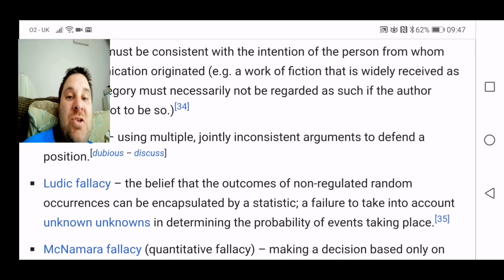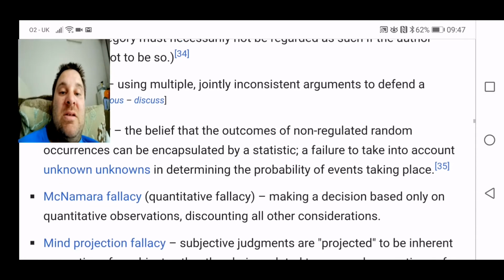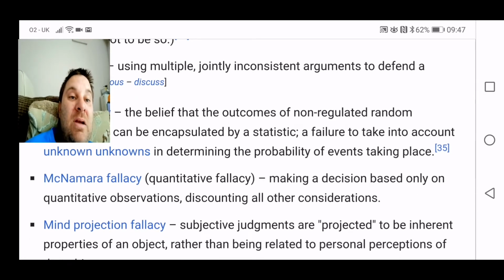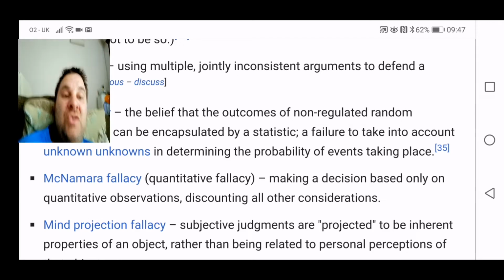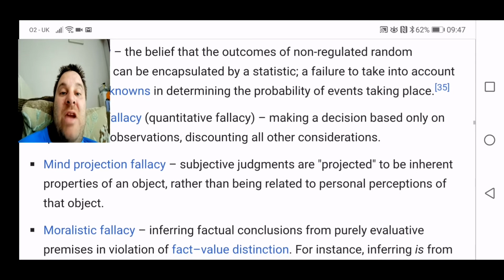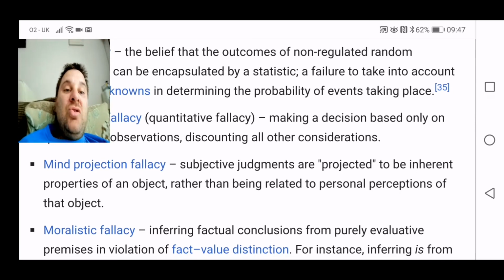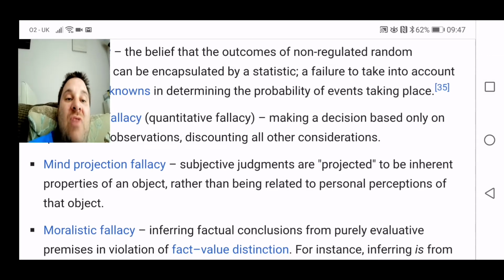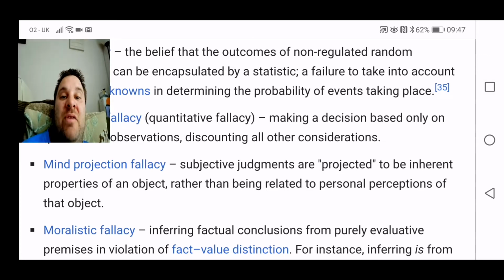A failure to take into account unknown unknowns in determining the probability of events taking place. McNamara fallacy, quantitative fallacy, making a decision based only on quantitative observations, discounting all other considerations. Mind projection fallacy, subjective judgments are projected to be inherent properties of an object, rather than being related to personal perceptions of that object.